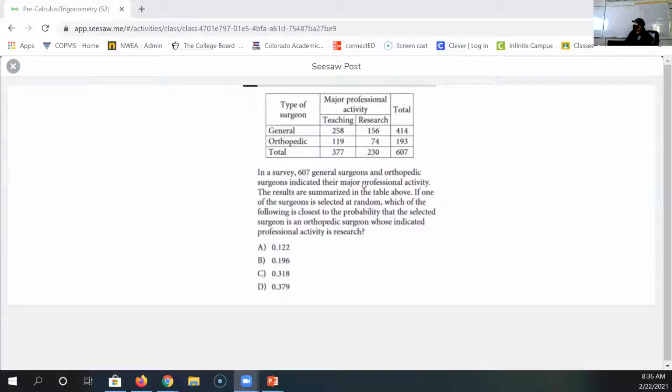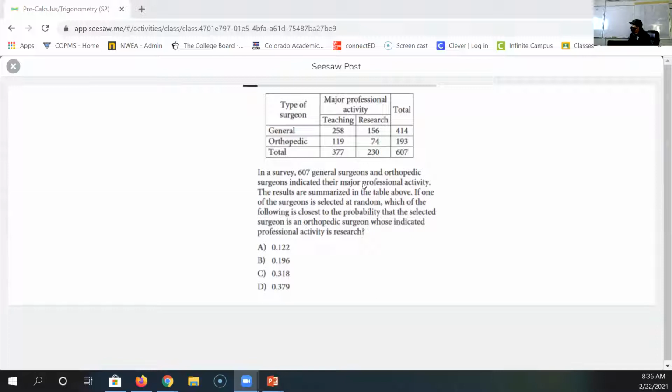So to find this, we just take 74 divided by 607. When you do that in the calculator, you get about 0.1219. So we're going to round that to get our answer of A, 0.122.